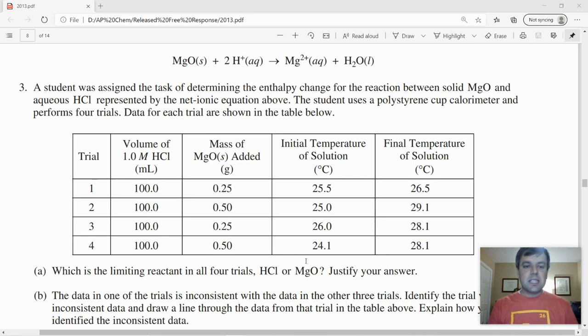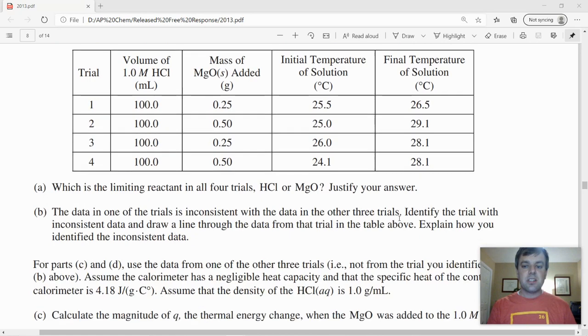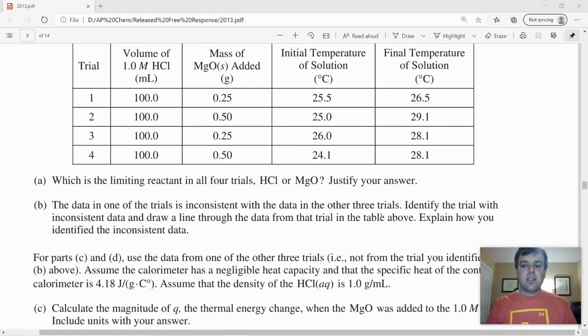So that would mean that magnesium oxide is our limiting reactant because it's the one that affects the temperature change in the reaction. Whereas if HCl were the limiting reactant, then adding more magnesium oxide would not have caused a greater temperature change. Right? So then let's take a look at this next part.